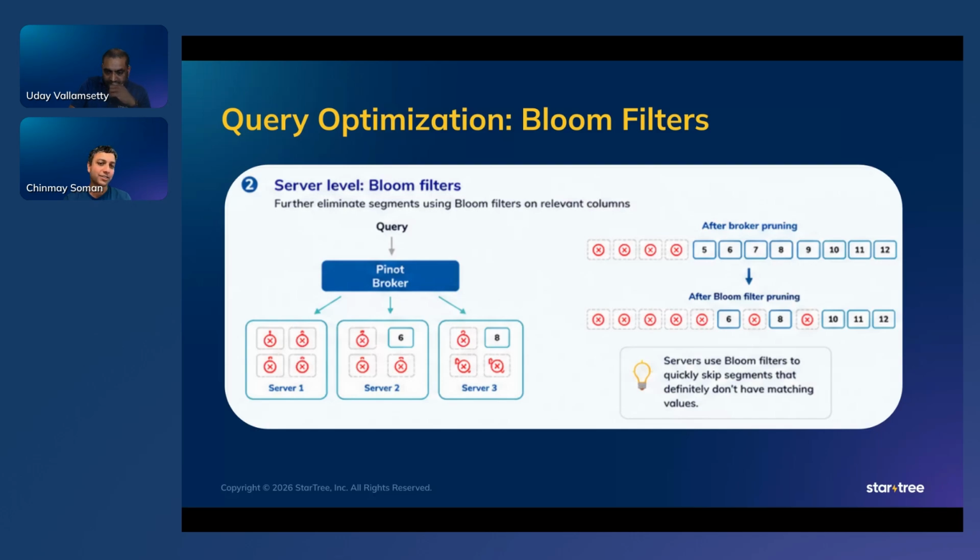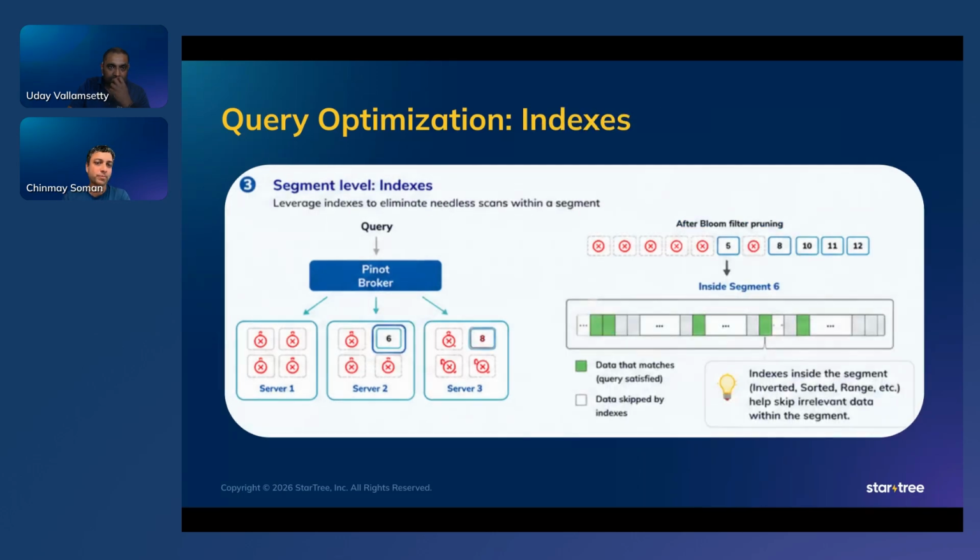This lets us further prune away segments. Initially we came down from 12 to about 6, and then we further went down from 6 to, let's say, 5 in this case. Bloom filter is also another commonly used technique, and this is something we also leverage in Pinot.